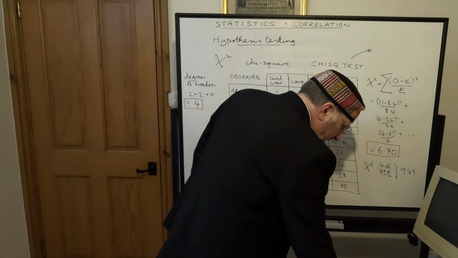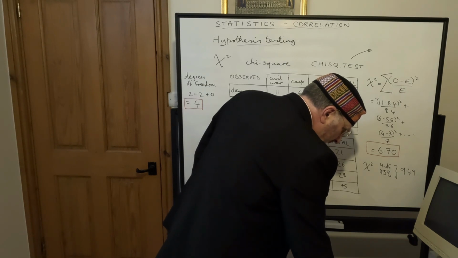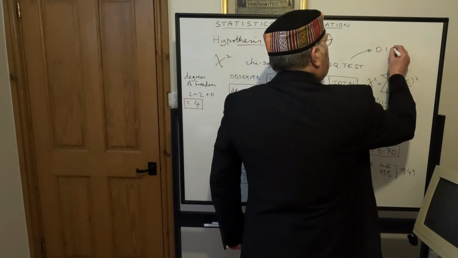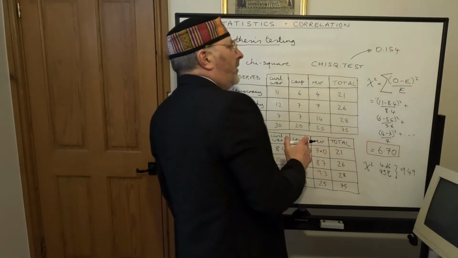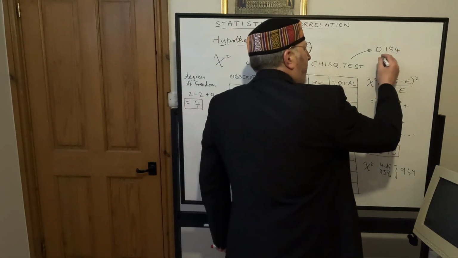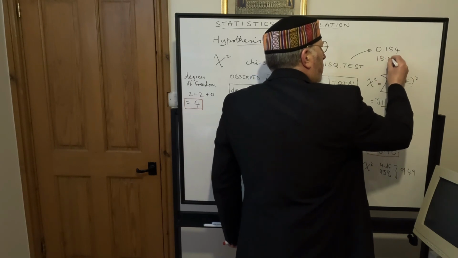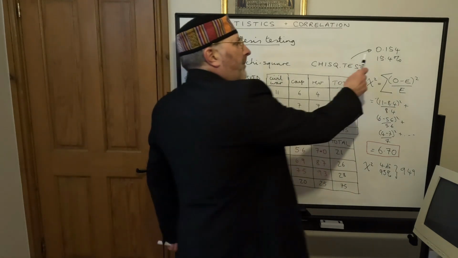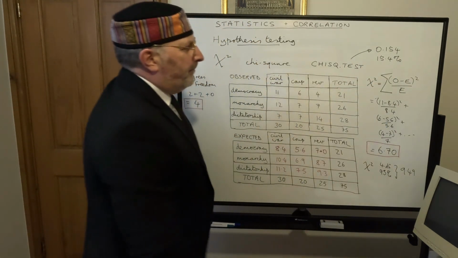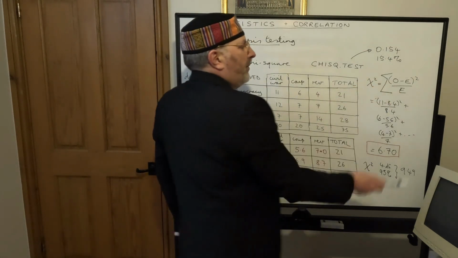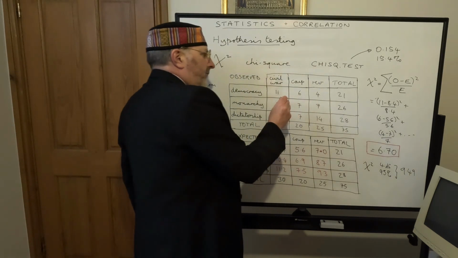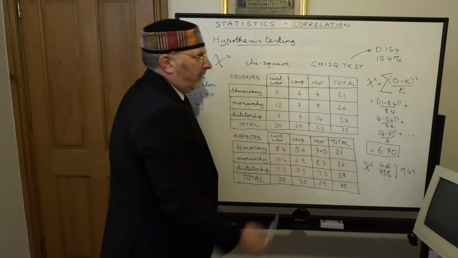And with these particular figures, the Excel chi-squared test function gives 0.154, or in other words 15.4%. That is, in 15.4% of cases you could get these values with this underlying distribution.